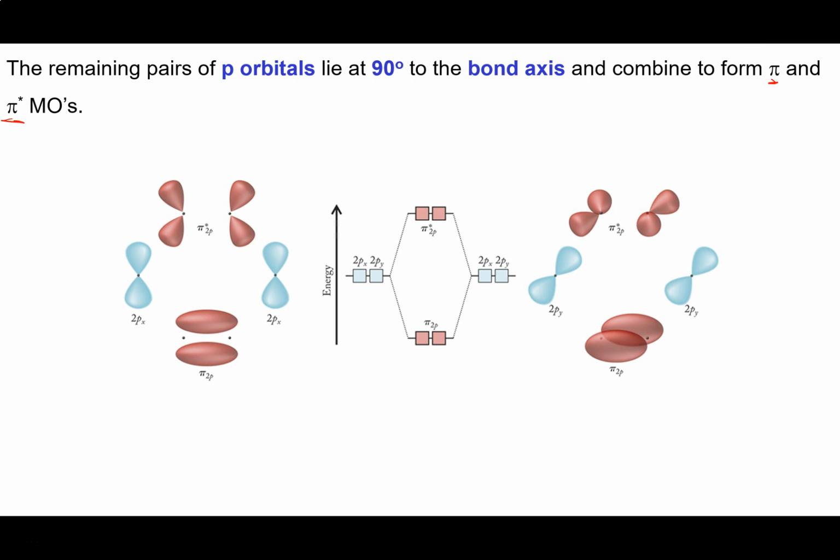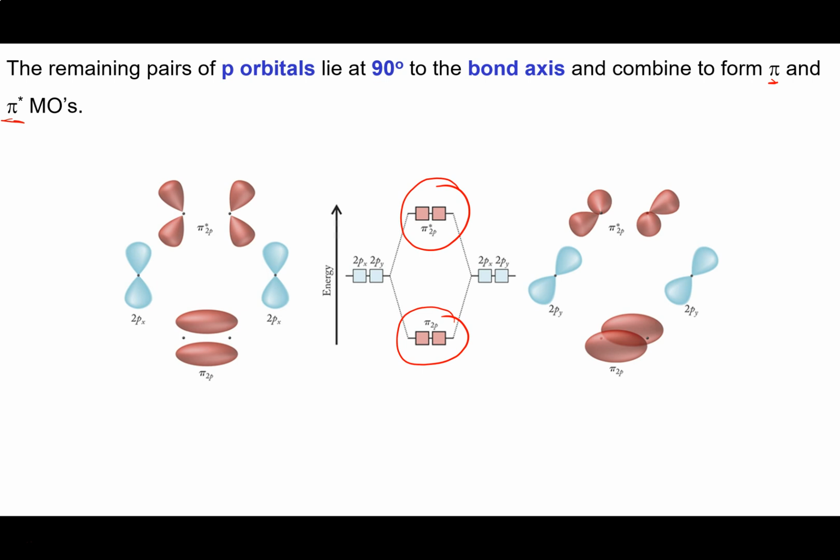So these 2 on each of our atoms are going to come together and form 2 pi bonding molecular orbitals and 2 pi anti-bonding molecular orbitals where they come together out of phase.